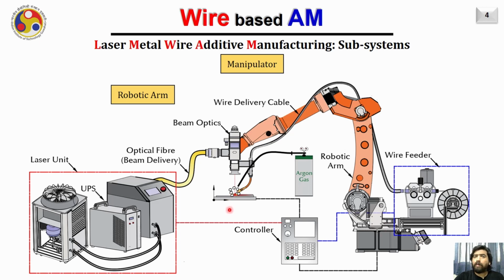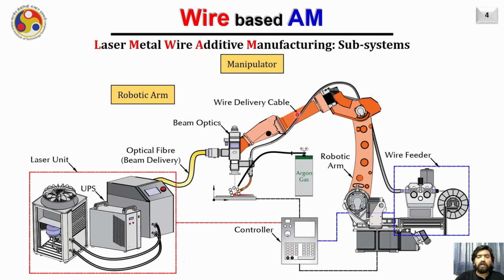To protect the molten pool from the outside gases such as oxygen and other gases, a shield gas is usually provided. As you are seeing here, the argon is provided and it protects the molten pool from the atmospheric gases such as oxygen.